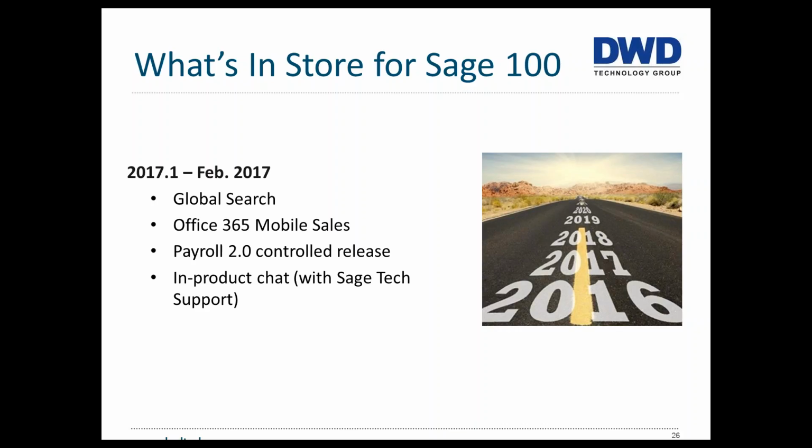For those of you who have been around for a while, especially when we started the transition from version 3.7 into version 4X and subsequently into the 2013, 14, 15, 16 series, Payroll 2.0 is basically going to put us up on what I like to call the new business framework. So it's going to enhance the look and the feel of the payroll data entry screens. It's going to be a little bit more modernized. It's going to be a more grid-based data entry.